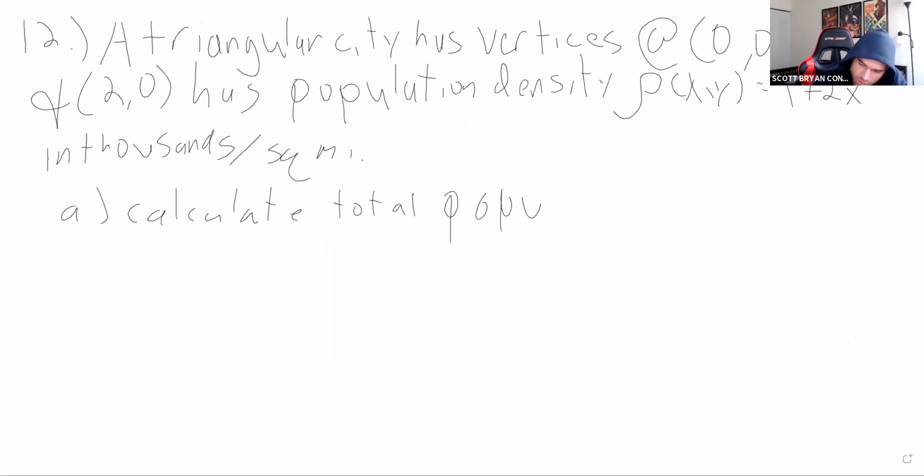Total population. All right. So total population: let's call our city region D. It's going to be the integral over D of, well, let's draw our region first.